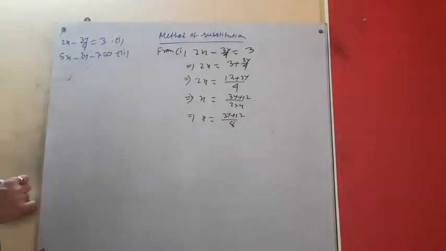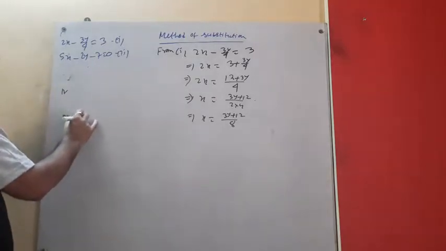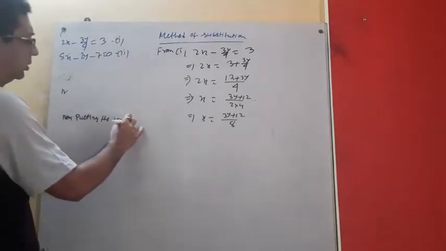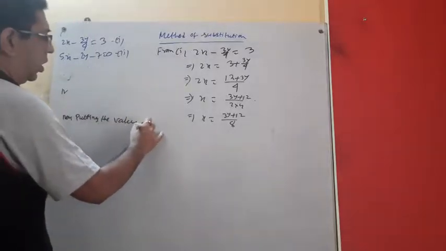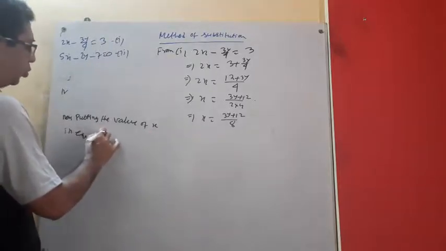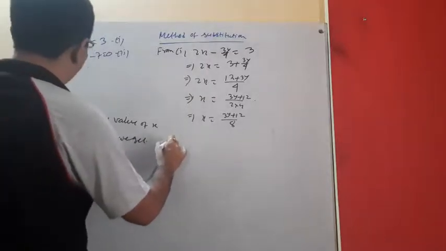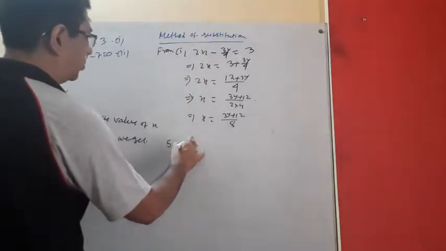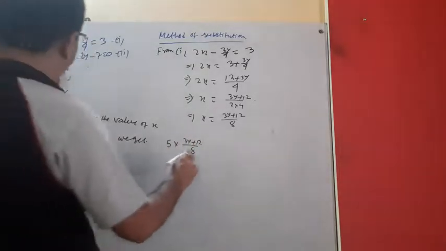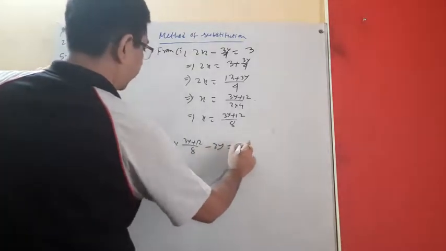Okay. Now putting the value of x in equation 2, we get 5 into (3y plus 12) by 8, minus 2y equal to 7.